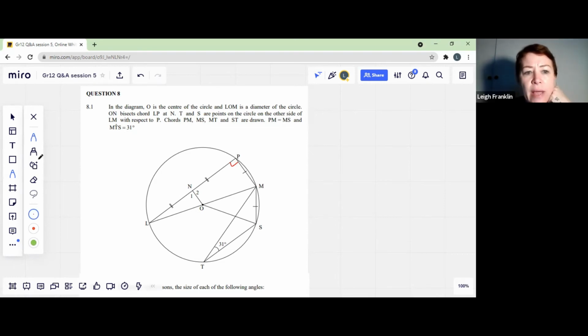Then they tell us ON bisects chord LP. All right, so ON is this line over here, and it bisects chord LP. Also really important. Okay, so if the line from the center bisects a chord, then what can we say about angle N1 or angle N2?